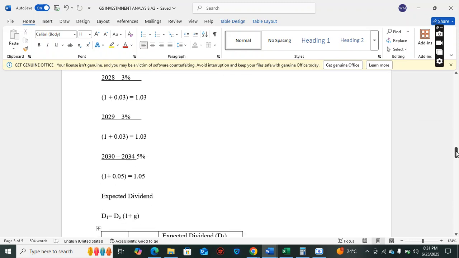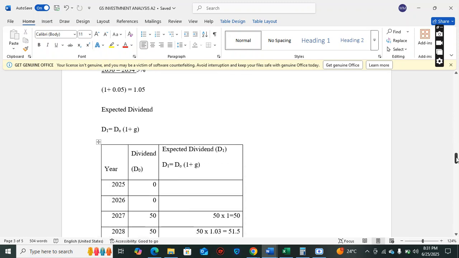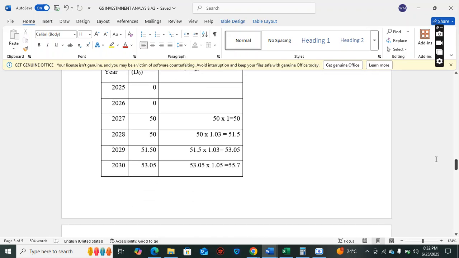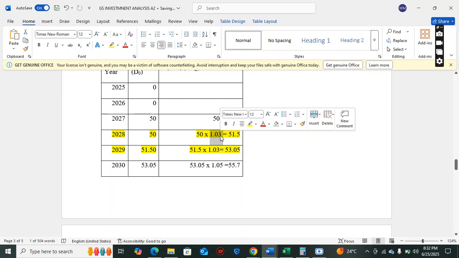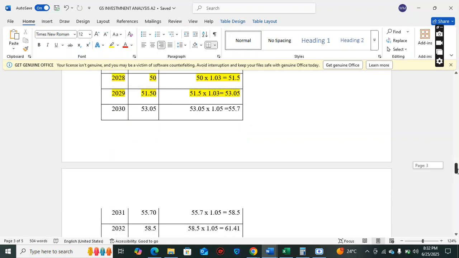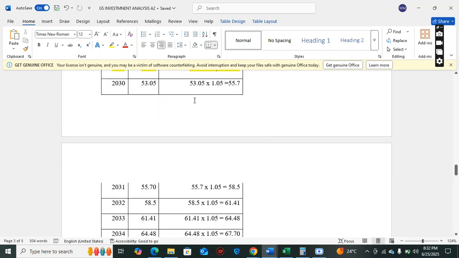Then you change 5%, yes. As you can see here, 2028 and 2029, it was growing by 3%. That's why you're seeing I'm multiplying by 1.03. 2030 to 2034, it's growing by 5%.